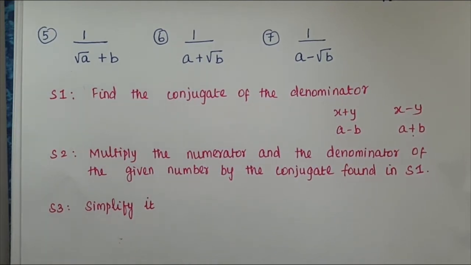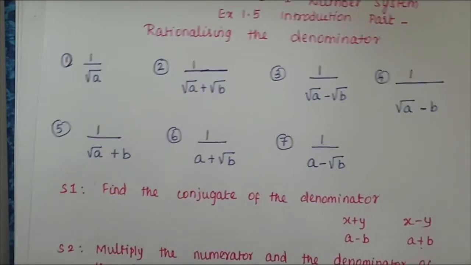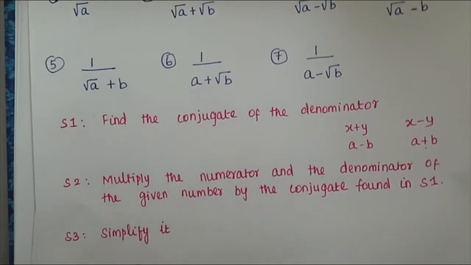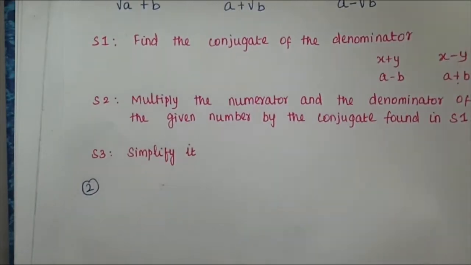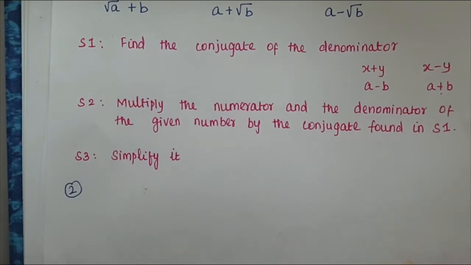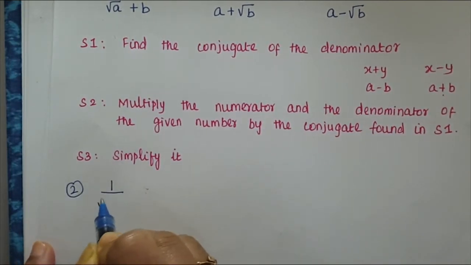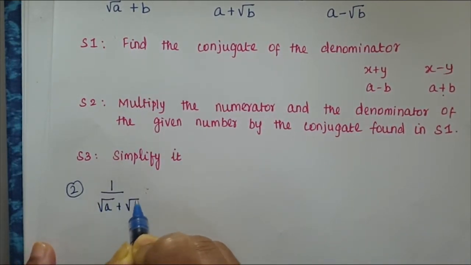So we solve the second one: 1 by square root of a plus square root of b. What is the first step?